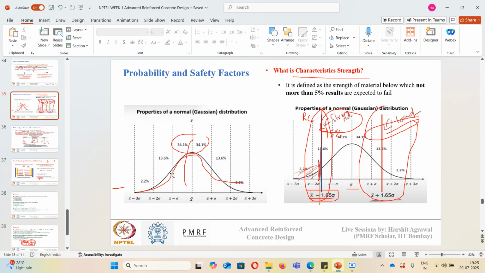Generally, if you test hundreds of samples of the same batch, it will show a normal distribution. Most of the values will be around the mean of what you designed. Suppose using IS 456 and IS 10262 you followed the mixture proportion and cast M25.